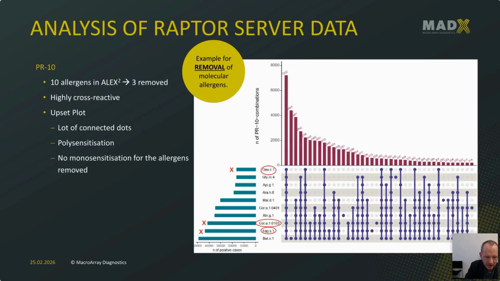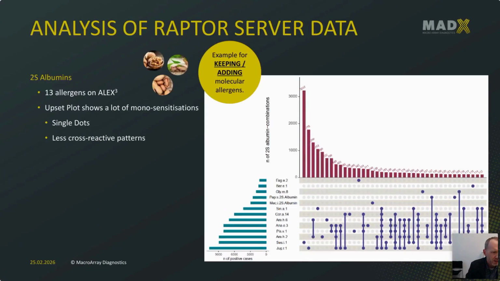Whereas if we look at carrot, Dau c 1, beech, as well as hazel pollen, we'll see that very little or no monosensitization is observed, with the majority of patients that test positive for these allergens also testing positive for other PR-10s, other molecules within this protein family. That suggests that one of the other PR-10 molecules, namely Bet v 1, could serve as a surrogate marker to detect sensitization to carrot, beech, as well as hazel tree pollen.